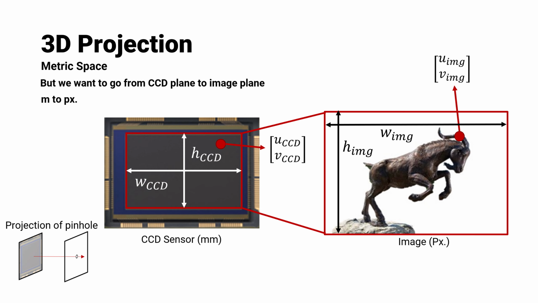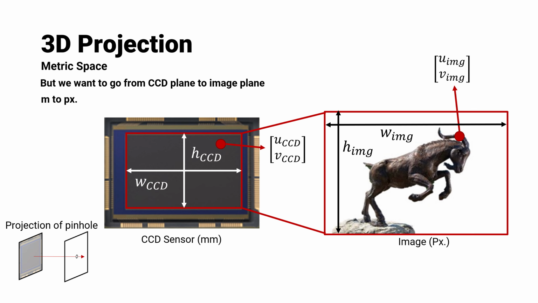This is where the resolution of your image comes in. If you have a 1920 by 1080 image like the video you're watching right now, your height is going to be 1080 and your width is going to be 1920. This is in pixels, and that's what we're trying to do. We're trying to convert this U and V in millimeter space, which is CCD on the left hand side, to that in the pixel space, which is on the right hand side.